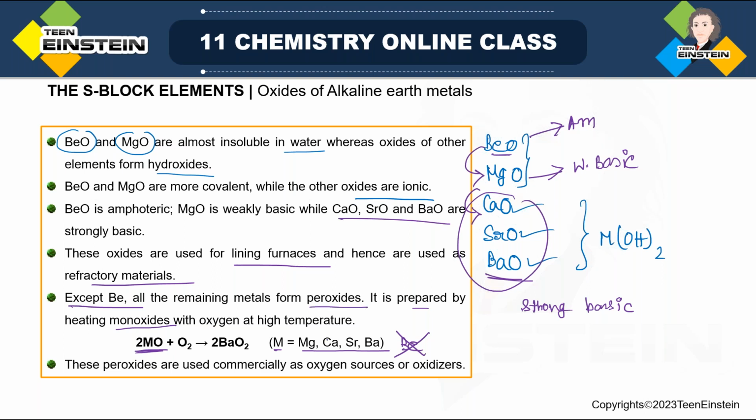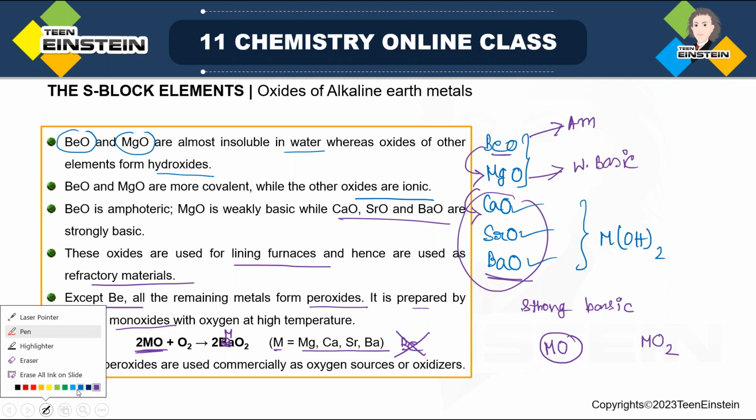In case of group 1, that is alkali metals, we have seen that for sodium, peroxide is the main oxide that is formed when sodium is reacting with oxygen, right? But in group 2 elements, when they are reacting with oxygen, there is formation of the general formula MO. But see, the special case is that it is prepared by heating monoxide. So first you take the monoxide, then you treat it again with oxygen. Now the formula is different, it is MO2.